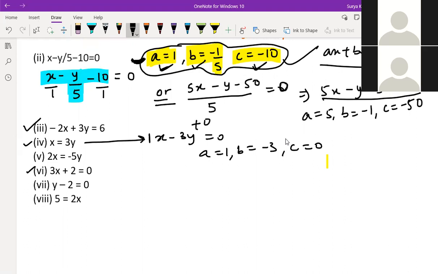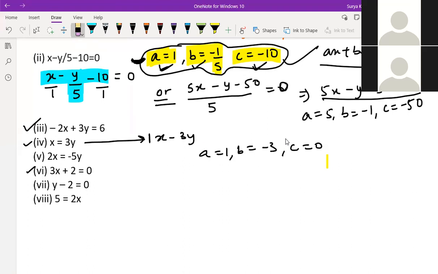Then plus 0 you can write. We can write x minus 3y plus 0 equal to 0. If the constant is not there, anyway you can write 0 over there. Or you can do it that way if you want. Your wish.